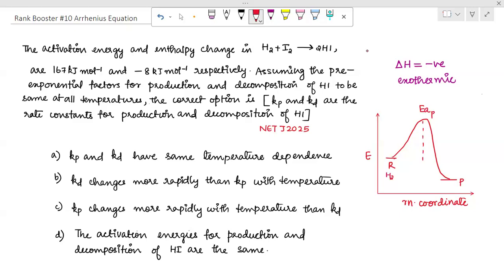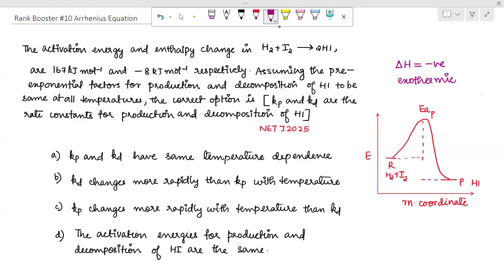This is your activation energy for the production of HI, let's say. So this is H2 plus I2, and then it forms the product HI. So for the production of HI, this is the activation energy, EAP. Okay. And if you check the reverse process, from here, I'm using a different color so that you can understand.